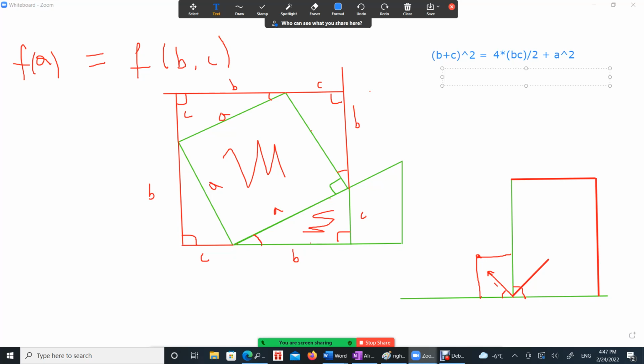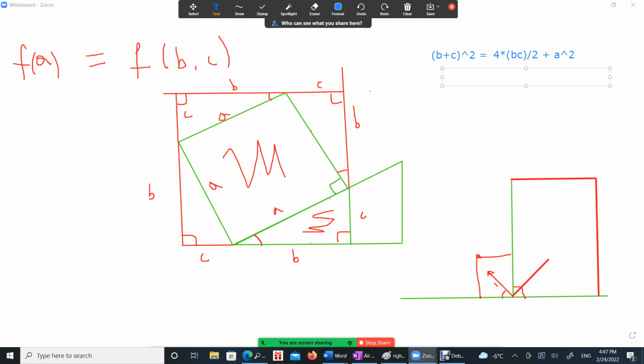The thing that we would have as a relationship between B, C, and A should be hidden in this equation, because this area is based on these sides that are related in a certain manner, as we explained.